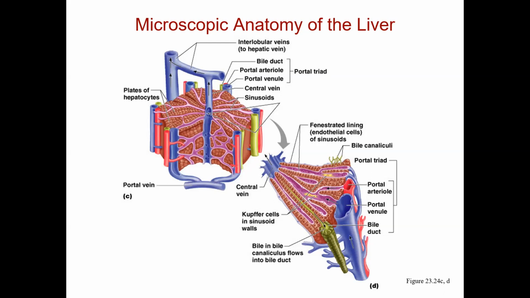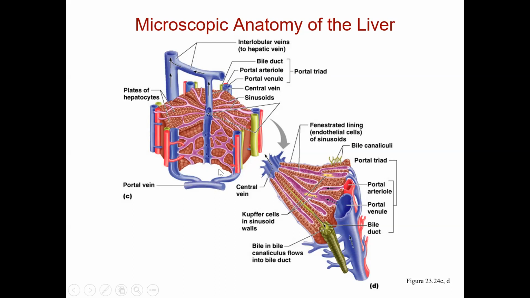So remember we said the portal vein collects blood from the small intestine. So this blood is oxygen poor but nutrient rich. If you remember from the cardiovascular system, we talked about that hepatic portal system. So the hepatic portal vein carries oxygen-poor but nutrient-rich blood.